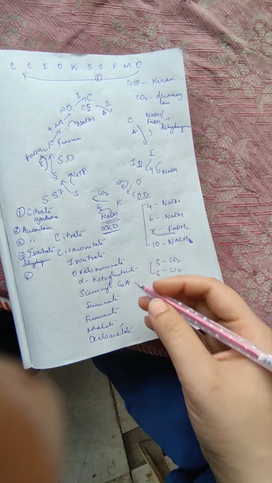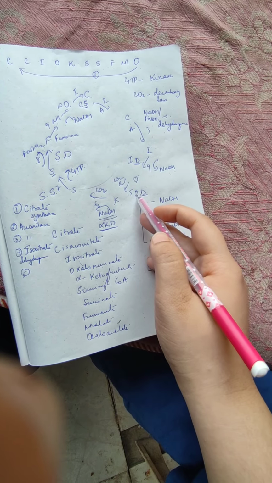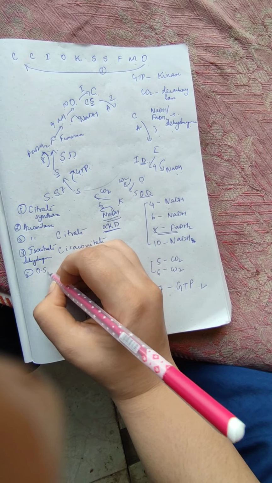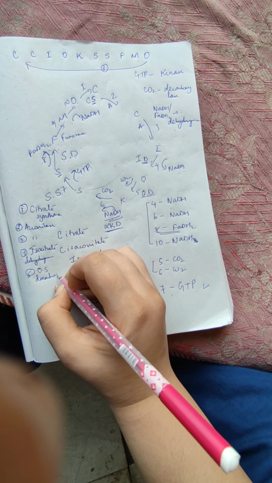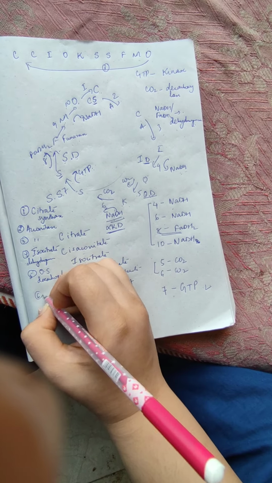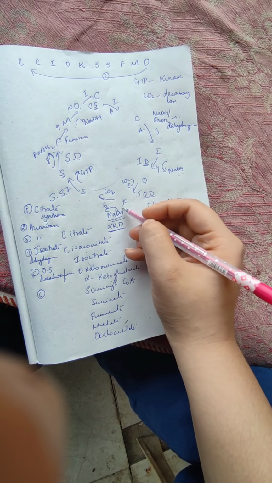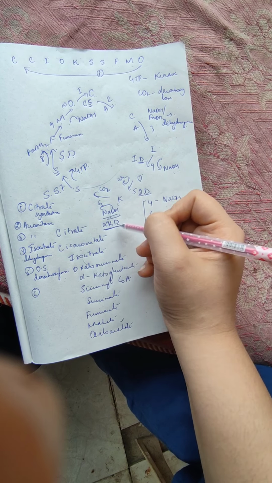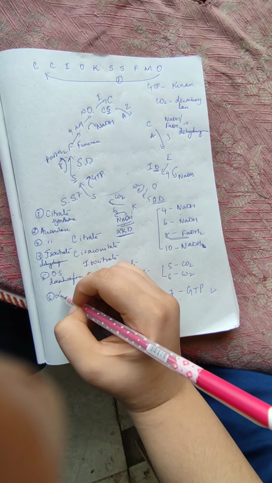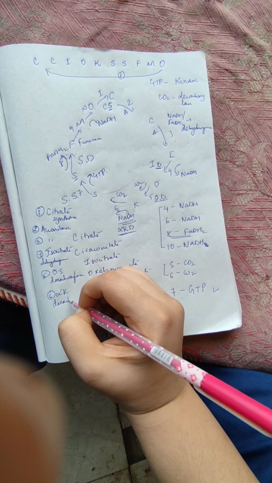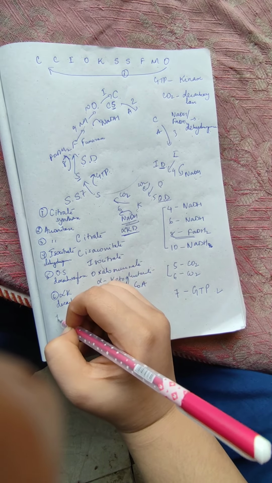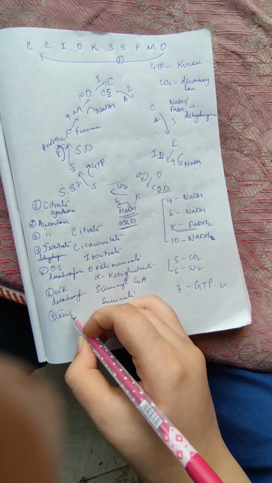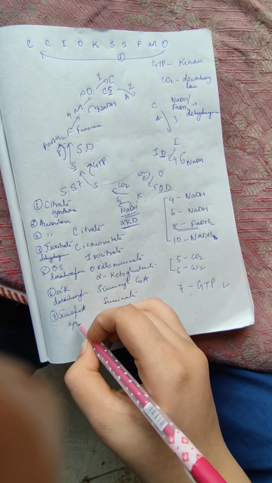Step number 5 is oxalosuccinate decarboxylase. Step number 6 is alpha ketoglutarate decarboxylase. Step number 7 is succinyl CoA synthase.